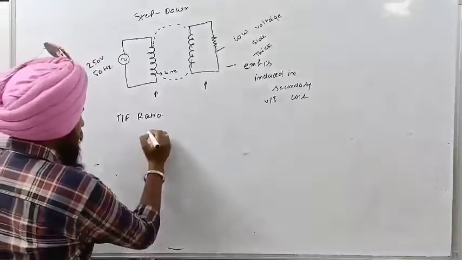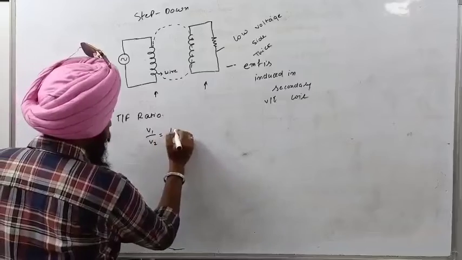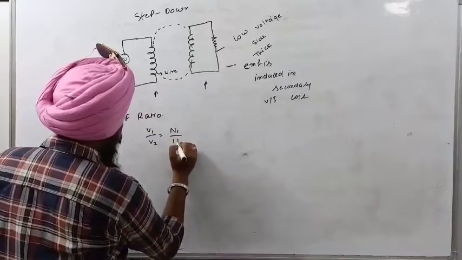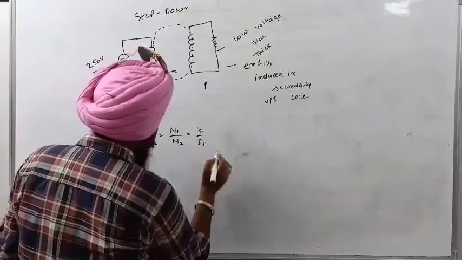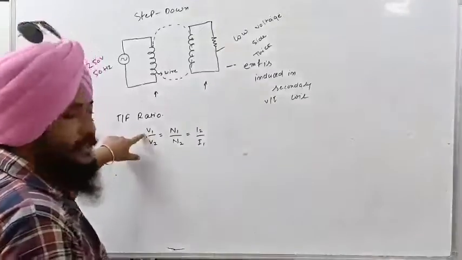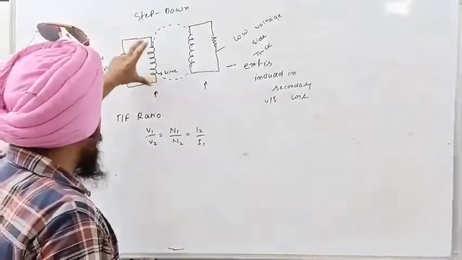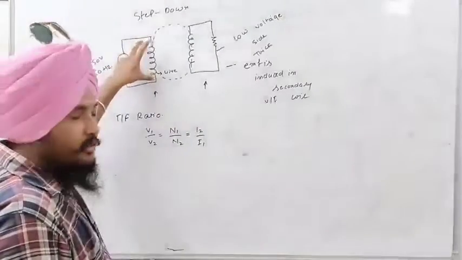The transformer ratio says that V1 upon V2 is equal to N1 upon N2 is equal to I2 upon I1. This means the voltage will be more where the number of turns is more.